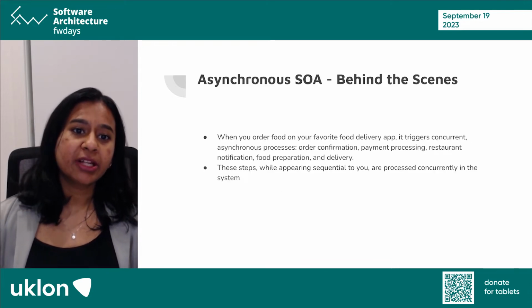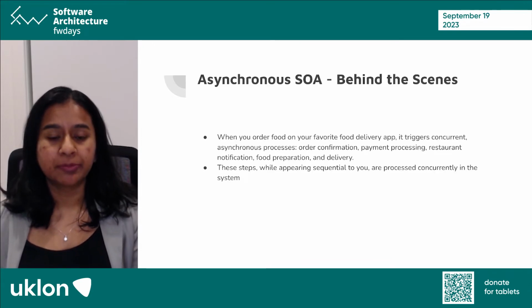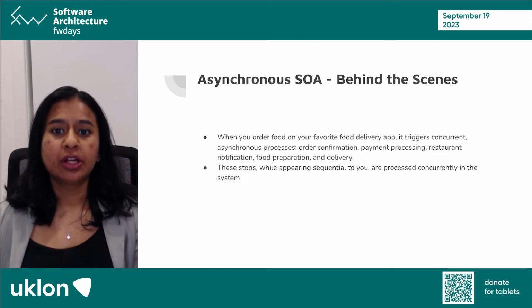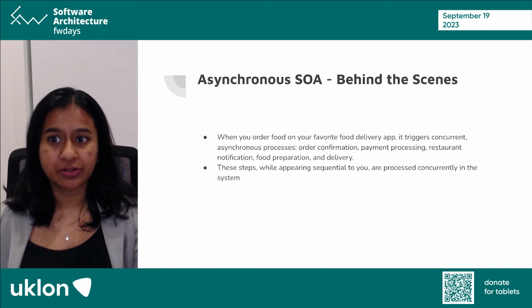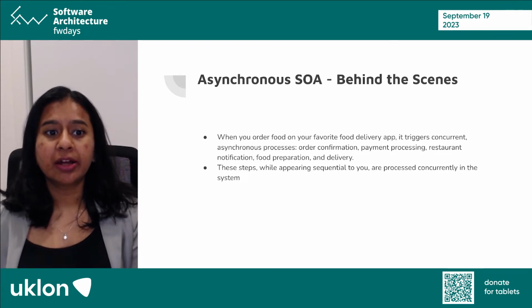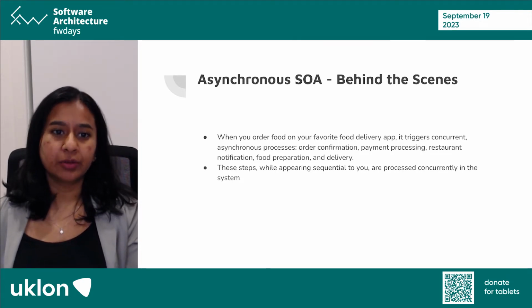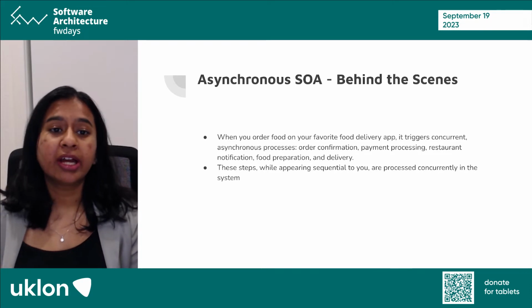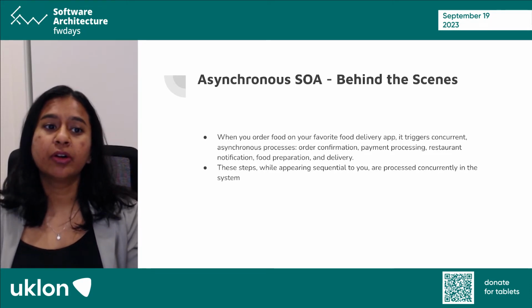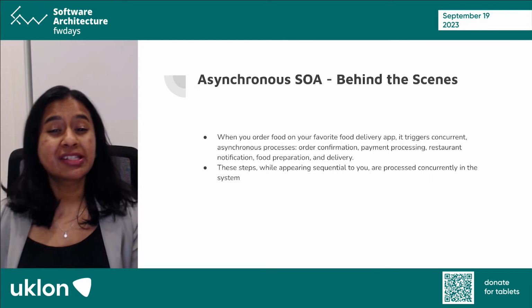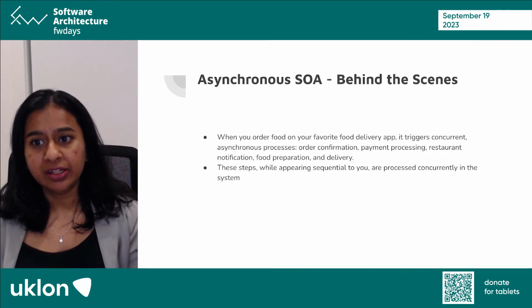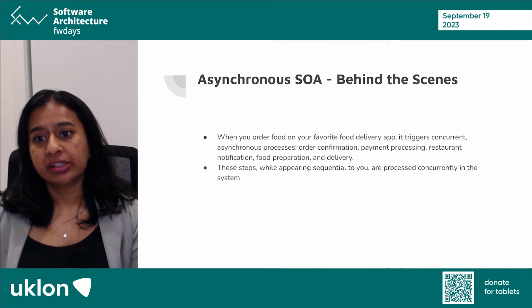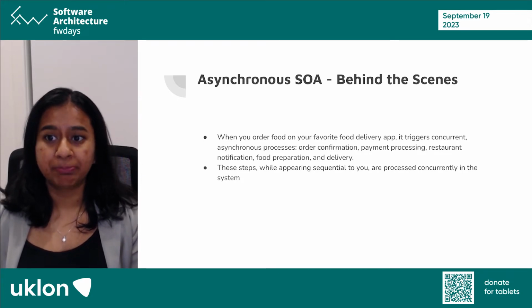Now, let's apply this concept to a real-world example. Think of a food delivery application. Once an order is placed, the customer doesn't need to wait for the restaurant to prepare the food before going ahead and doing other tasks. You can browse for more items or order from different restaurants. At some point in the future, you will receive a notification that the food is ready or delivery has happened at your doorstep.